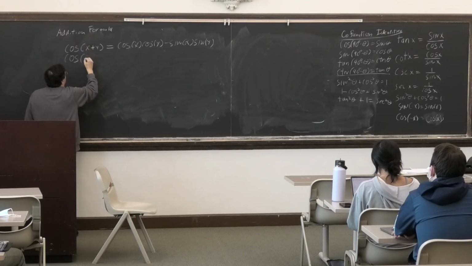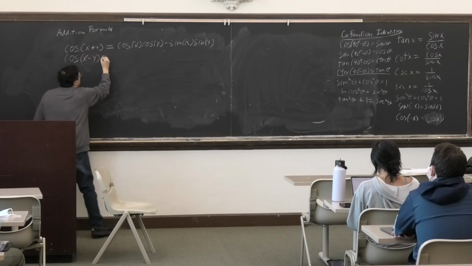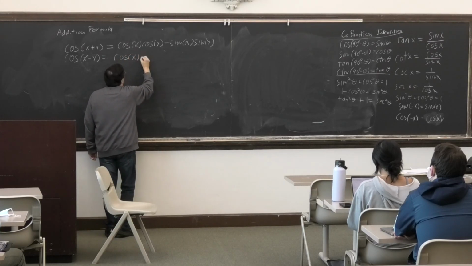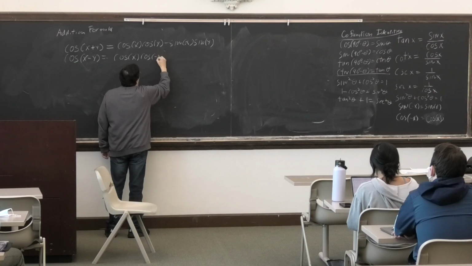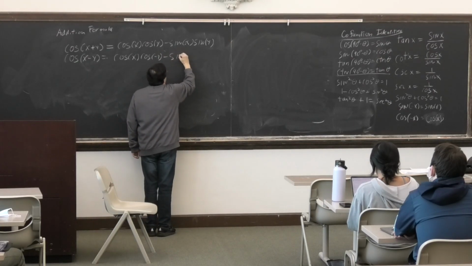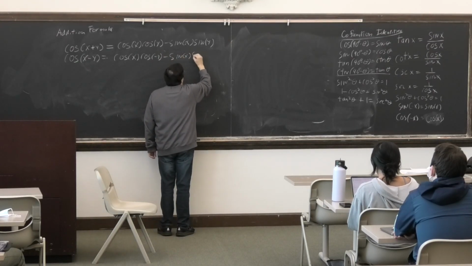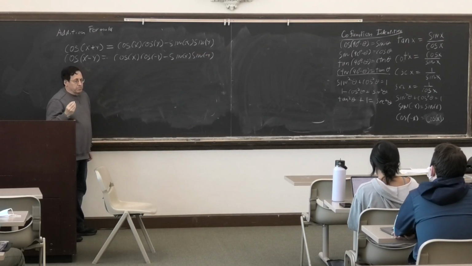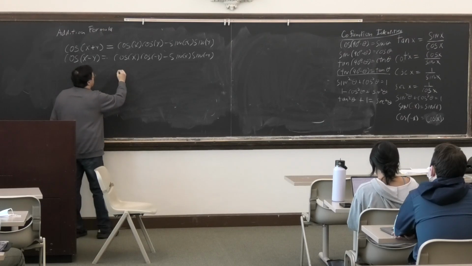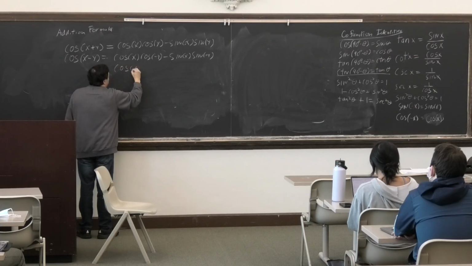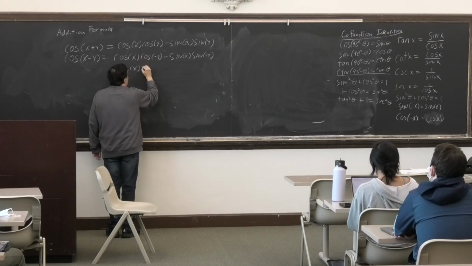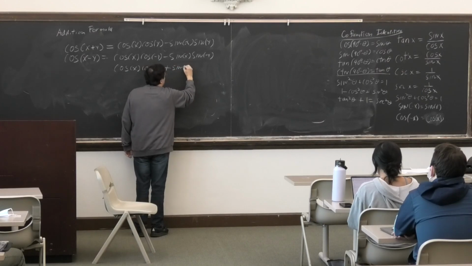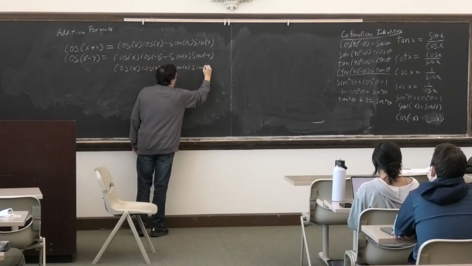This is the addition formula, but what about the subtraction formula? Well, that's just going to be cosine x cosine minus y minus sine x sine minus y. But from our odd-even identities, you can see this is just cosine x cosine y plus sine x sine y.